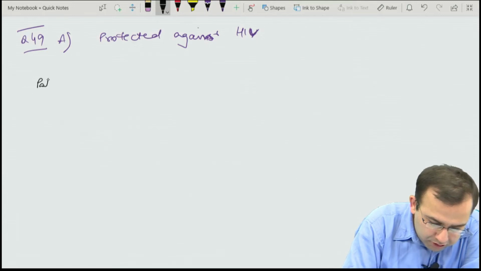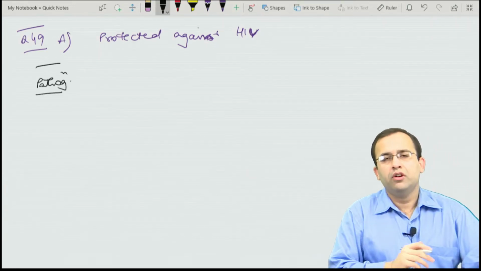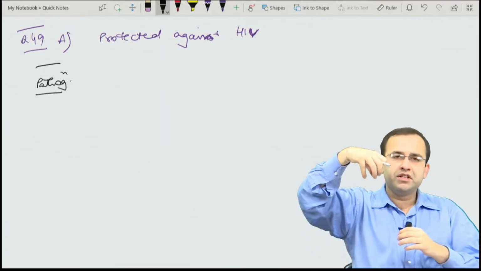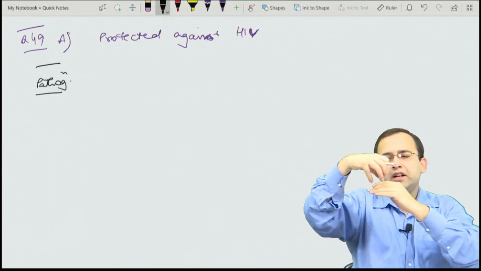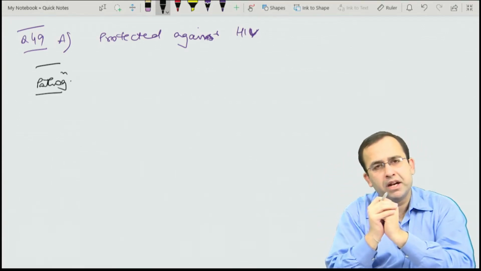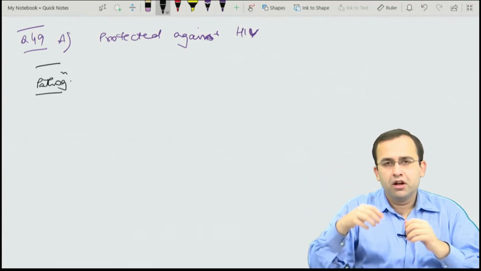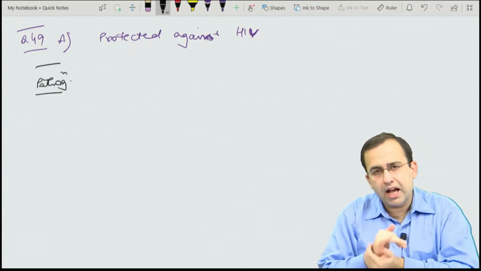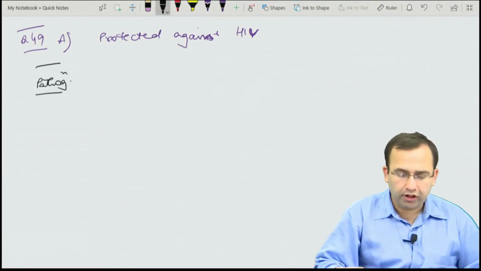Starting with the pathogenesis of HIV. You very well know HIV has two proteins, GP120, which is present outside on the envelope, and GP41, which is embedded in the lipid matrix. First, GP120 binds with CD4 and its co-receptors, as a result of which GP41 binds.